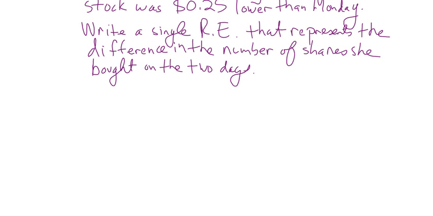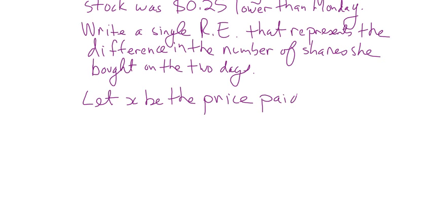Okay, so we need a variable. We usually use x, but I could see s maybe, or p. So let's let x be the price she paid on Monday.